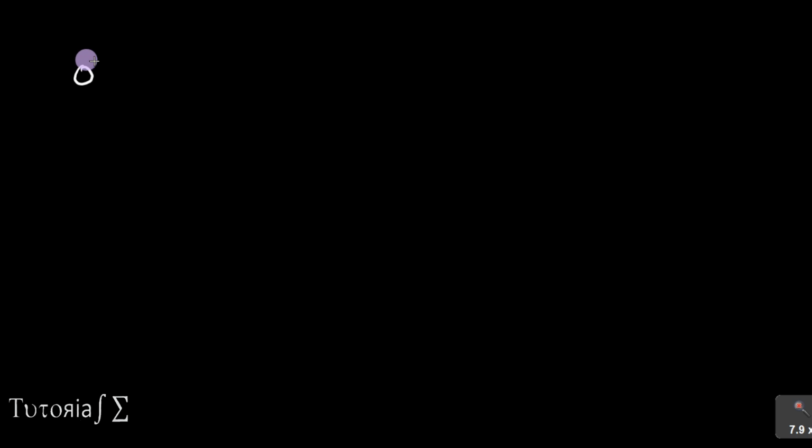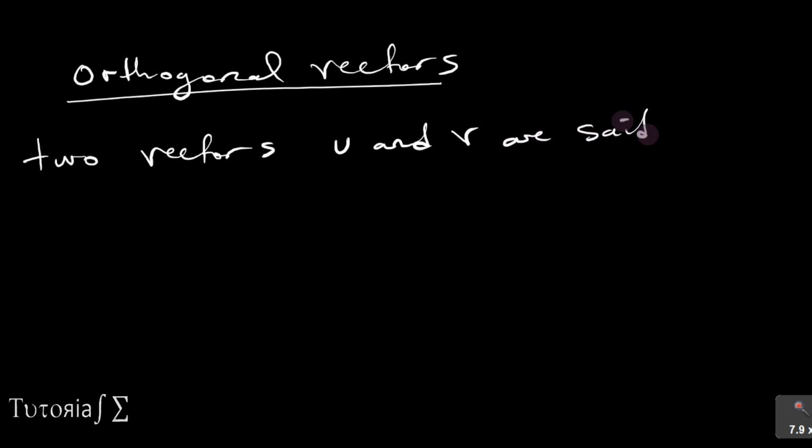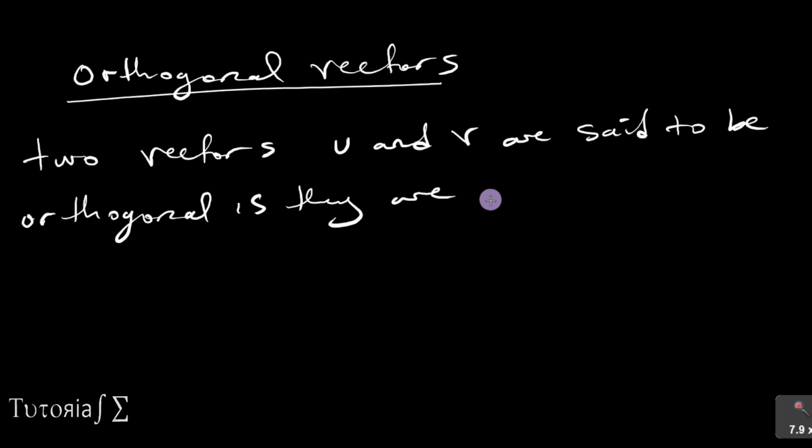Two vectors u and v are said to be orthogonal if they are perpendicular.